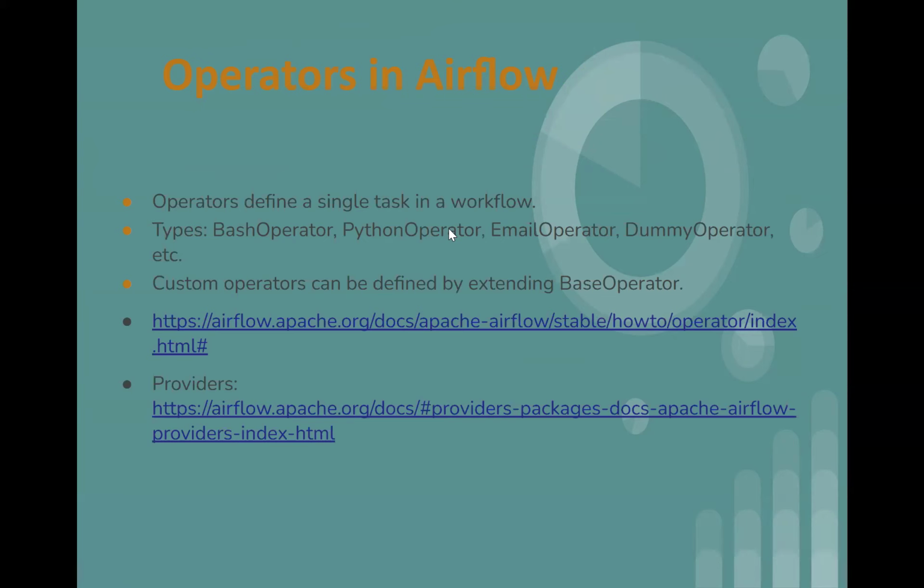Python operator, which is basically your Python function or your Python script that you want to run. Email operator, if you want to communicate, send out an email or whatever it is, and dummy operator. You can also create your own operators. There is a base operator, but you can create your own operator by extending the base operator.